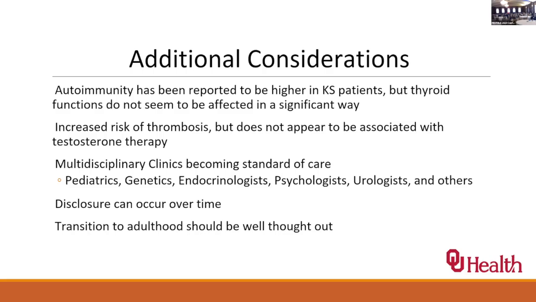At that point, it's really just getting them to see adult urology for fertility, which usually has started to happen by then. And so I feel very confident they'll do well as adults.